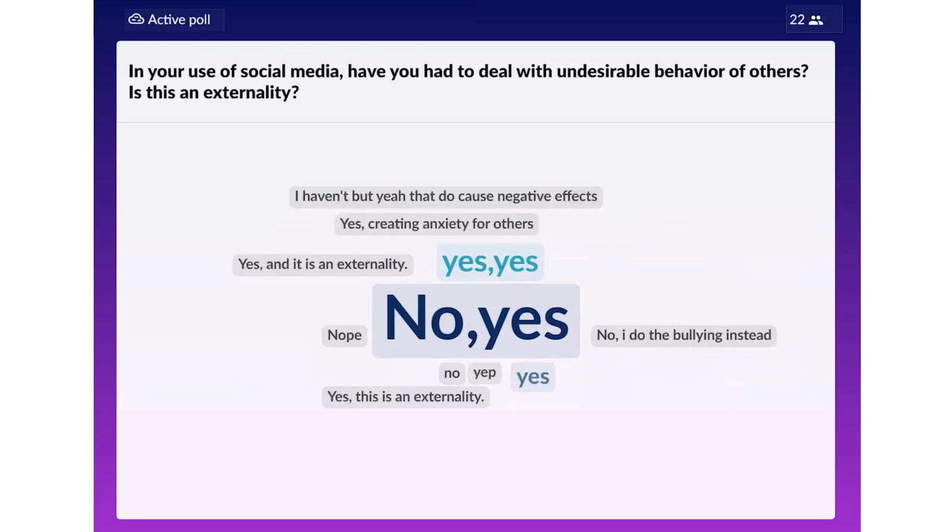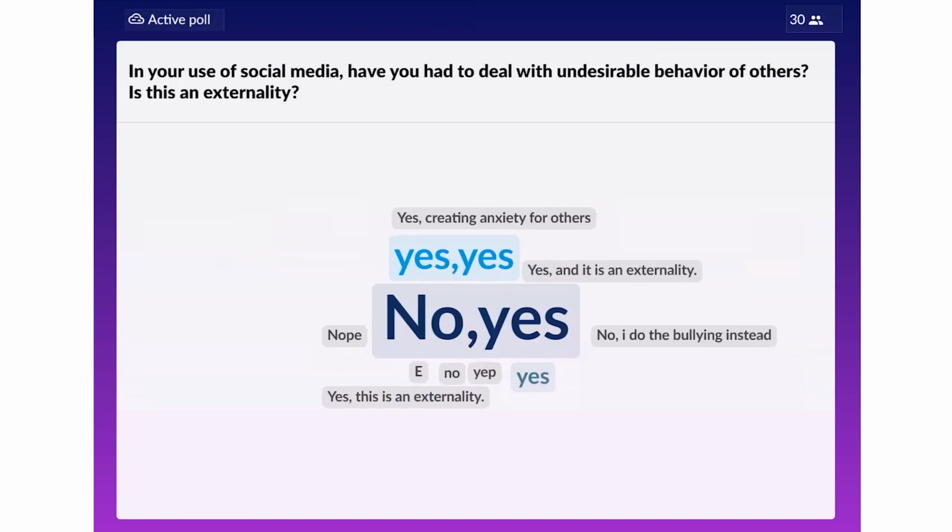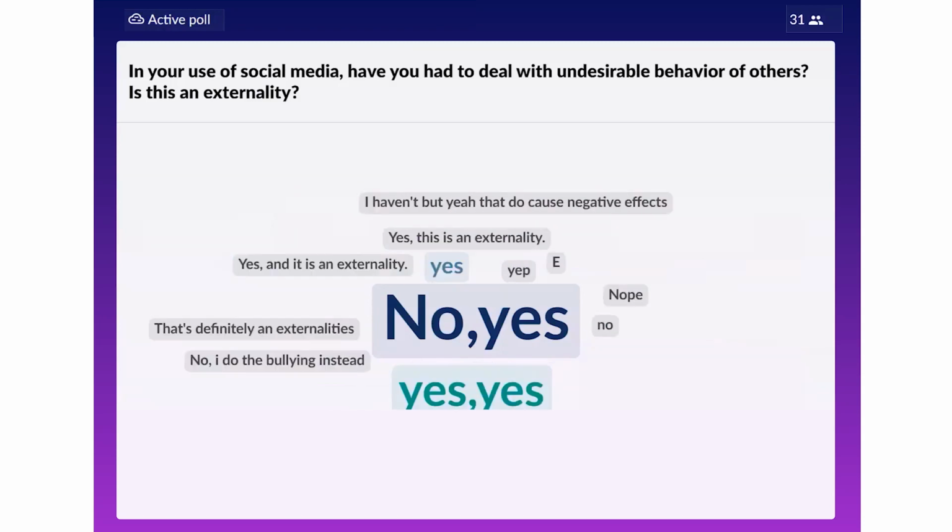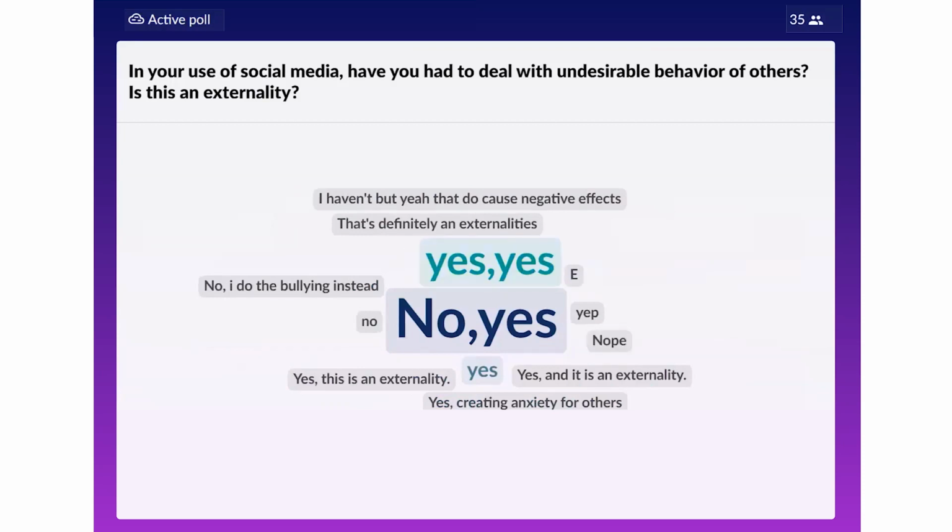I'm not sure if there could be some gender difference here, because you could imagine some crazy people trolling a particular gender, or if you are transgender or homosexual, then you might face some kind of discrimination or homophobia. Those are particular issues when we talk about internet stalking or social media misuse. So some of you have not experienced this yourself, which I think means you're lucky.